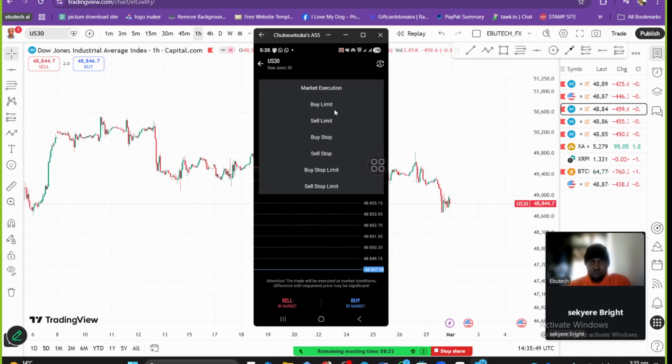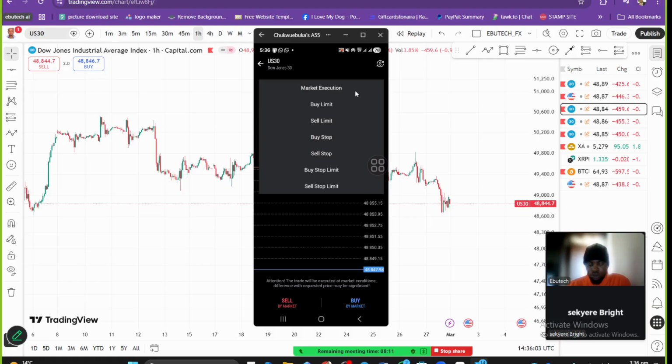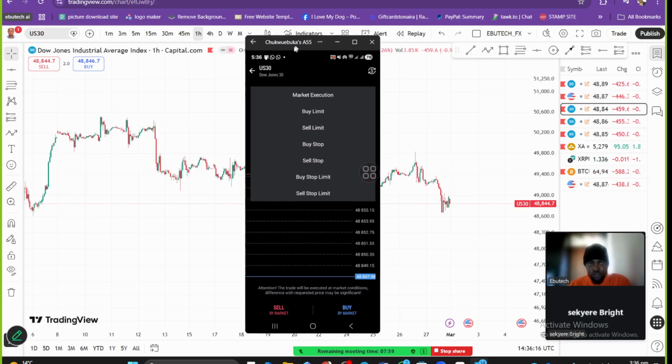You will see buy limit, sell limit, buy stop, sell stop, buy stop limit, sell stop limit. So you see all those. A pop out slide will come out. Can you see it now?